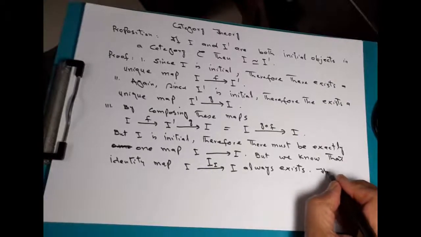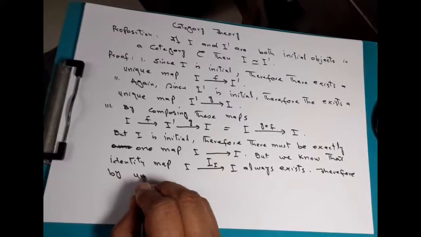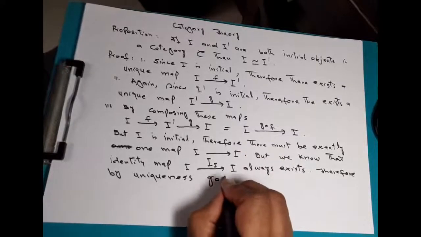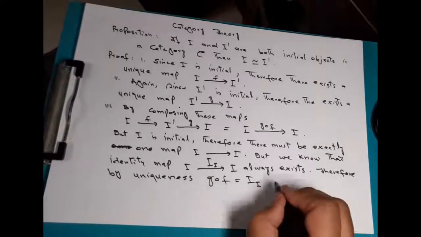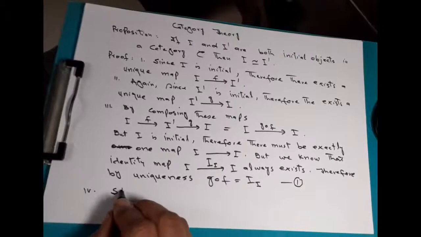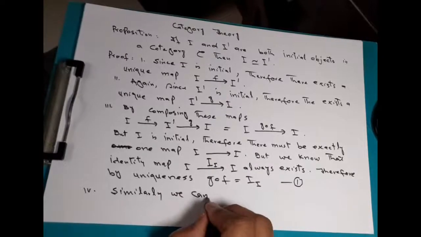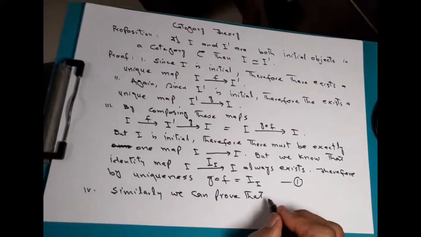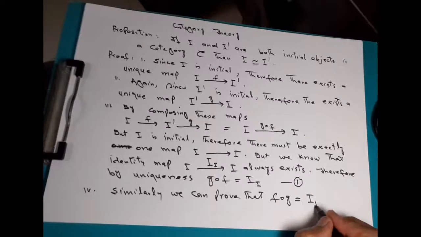So by uniqueness, G circle F must be equal to the identity map on the object I. And similarly we can prove that F circle G is equal to identity map on the object I dash.